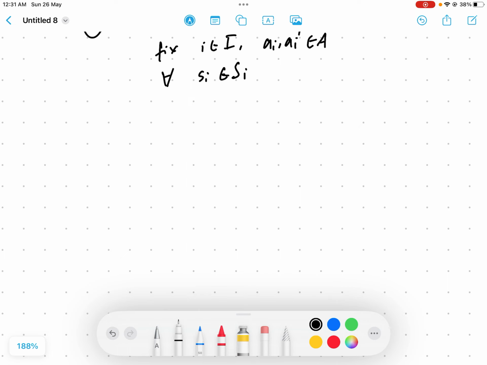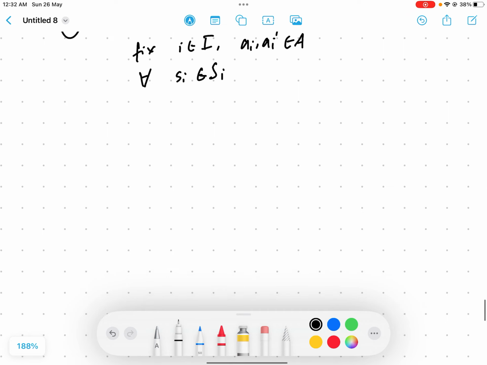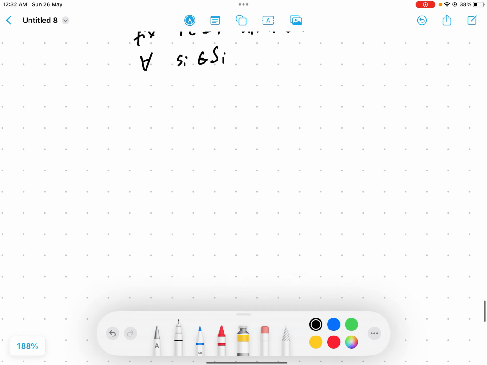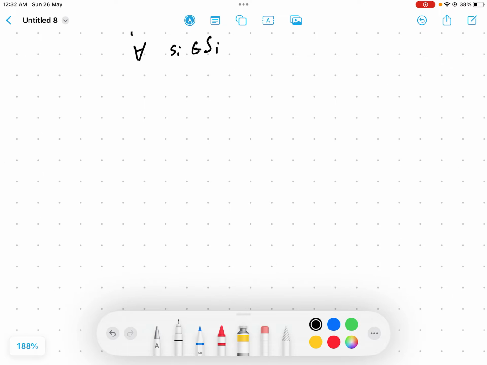So we just do this from the BNE and make the form look like the obedience in the BCE. So that's what we're going to do here. Just try to construct that inequality.